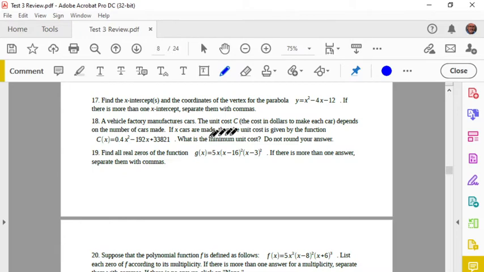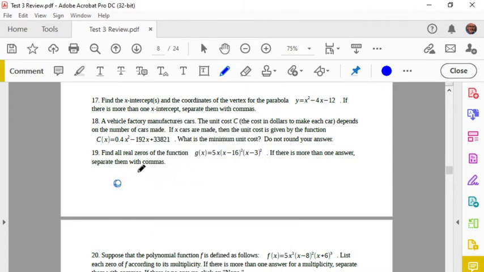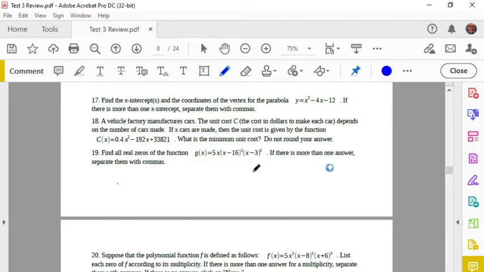So what is the minimum unit cost? Do not round your answer. First of all, if x cars are made, then the unit cost is given by this function. For the minimum unit cost, you have to find the x value.